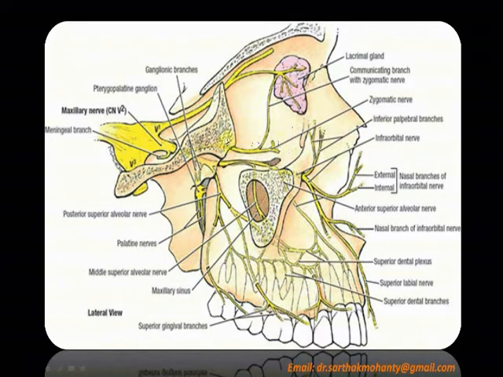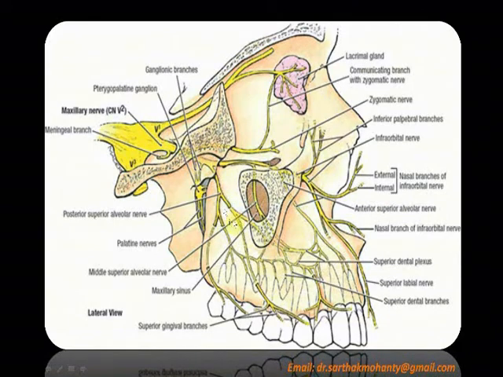So here we see the whole course of the maxillary nerve. First part, in the cranial cavity, it gives a meningeal branch. Secondly, in the pterygopalatine fossa, it gives ganglionic branches, the zygomatic branch, and the posterior superior alveolar branch.